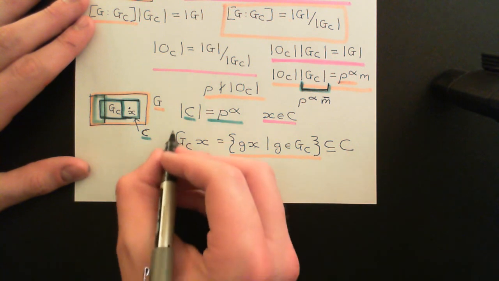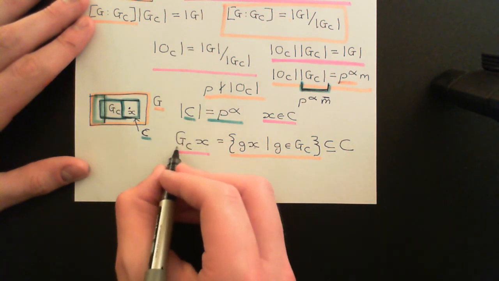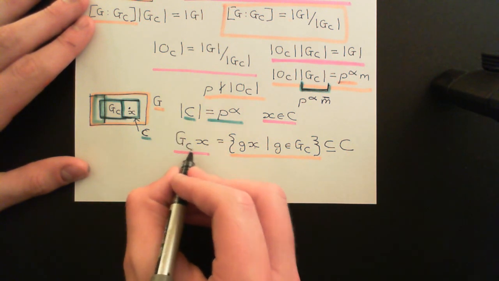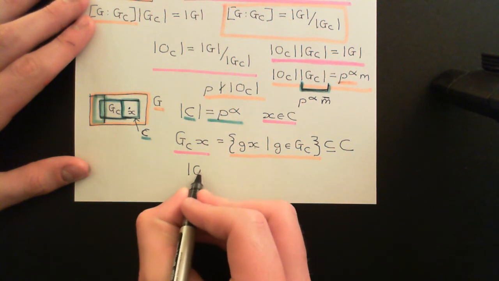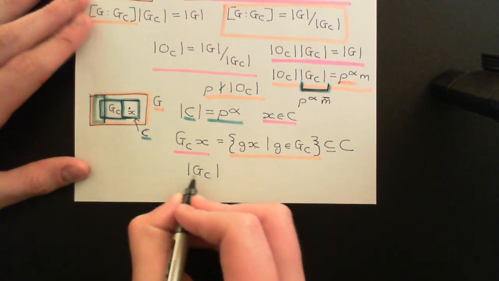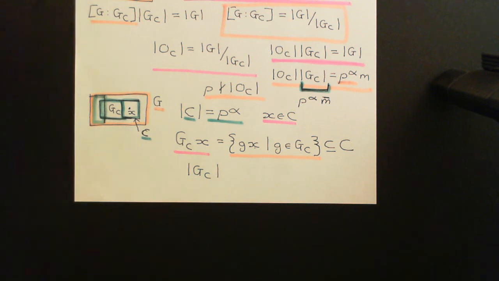On the other hand, what do we know about the order of a right coset of the stabilizer of C in G under x? We know that it will have the same order as the stabilizer of C in G. When you take a right coset of a subgroup, it will have the same order as the original subgroup.